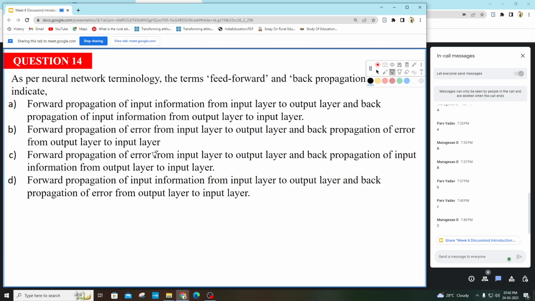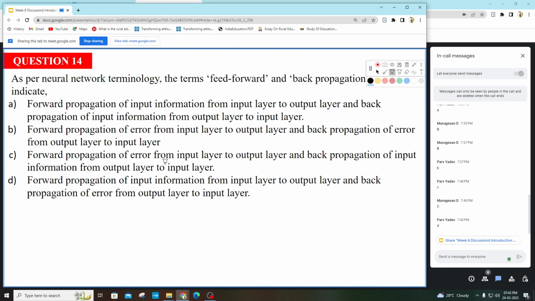Okay, sir. Now question number 14. As per neural network terminology, the terms feed forward and back propagation indicate what? Option A is forward propagation of input information from input layer to output layer, and back propagation of input information from output layer to input layer. B is forward propagation of error from input layer to output layer, and back propagation of error from output layer to input layer.